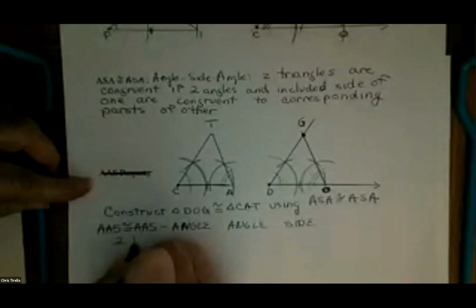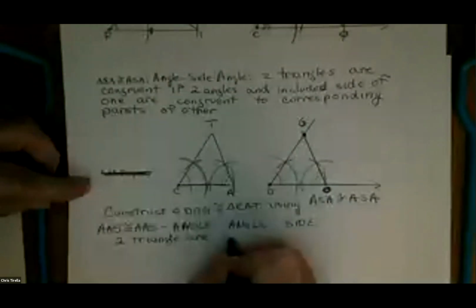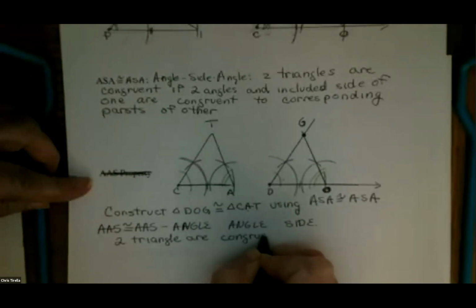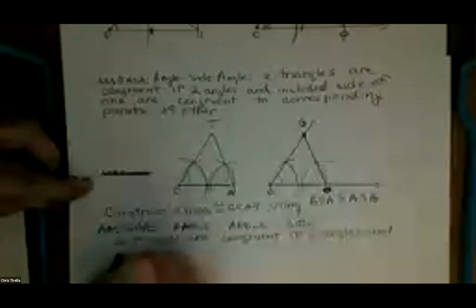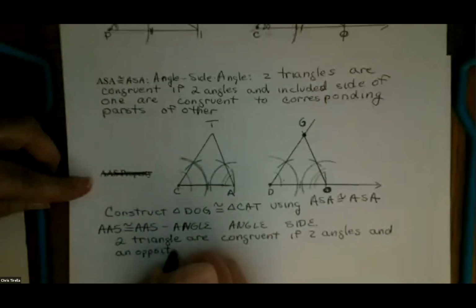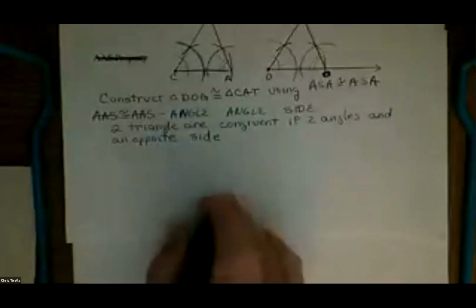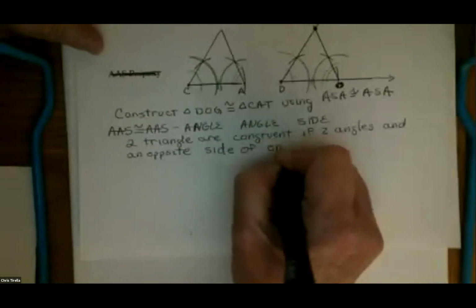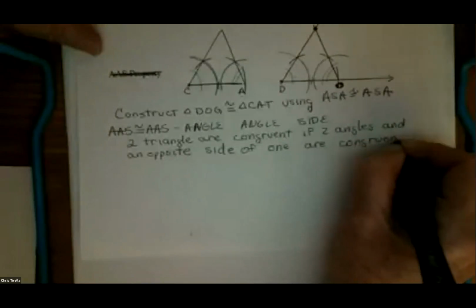So we'll say that two triangles are congruent if two angles and an opposite side of one are congruent to the corresponding parts of the other.